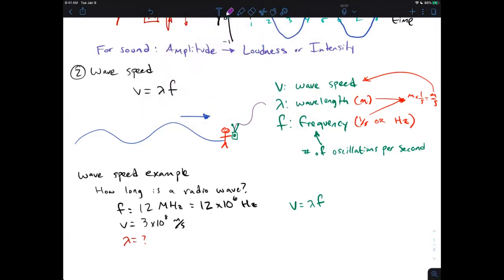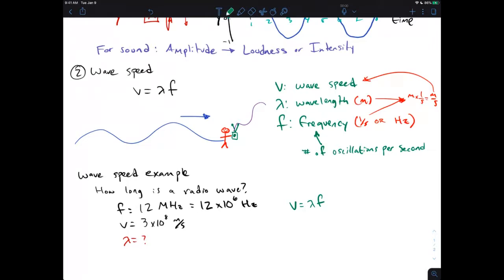How long is this wave? To find this out, all we're going to do is plug in our values for frequency and speed, and get wavelength. So let's go ahead and do that.